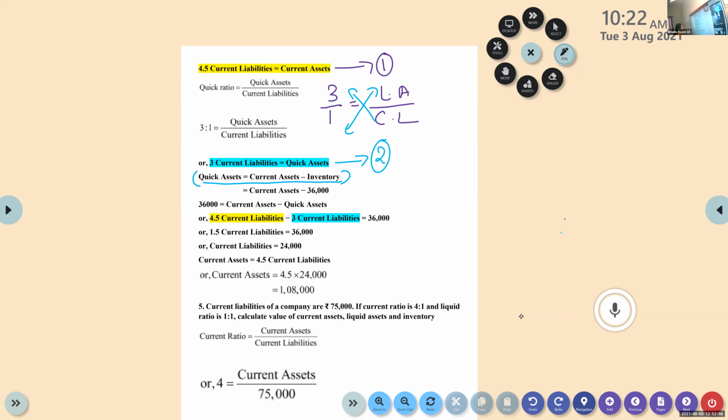Why? According to equation number 1. Now, according to equation number 2, we are going to substitute quick assets as 3 current liability.